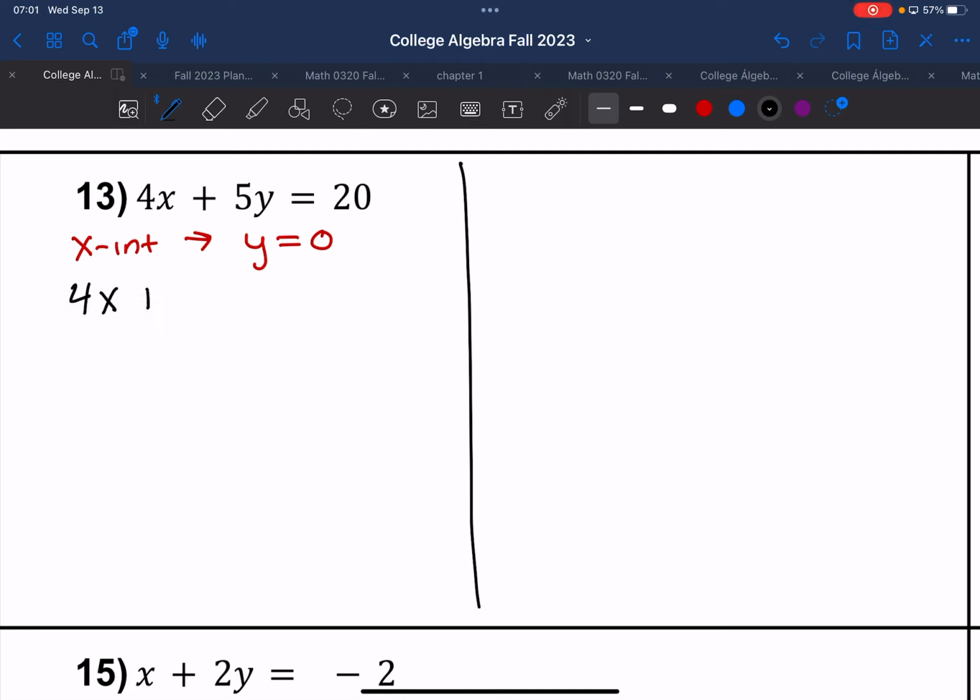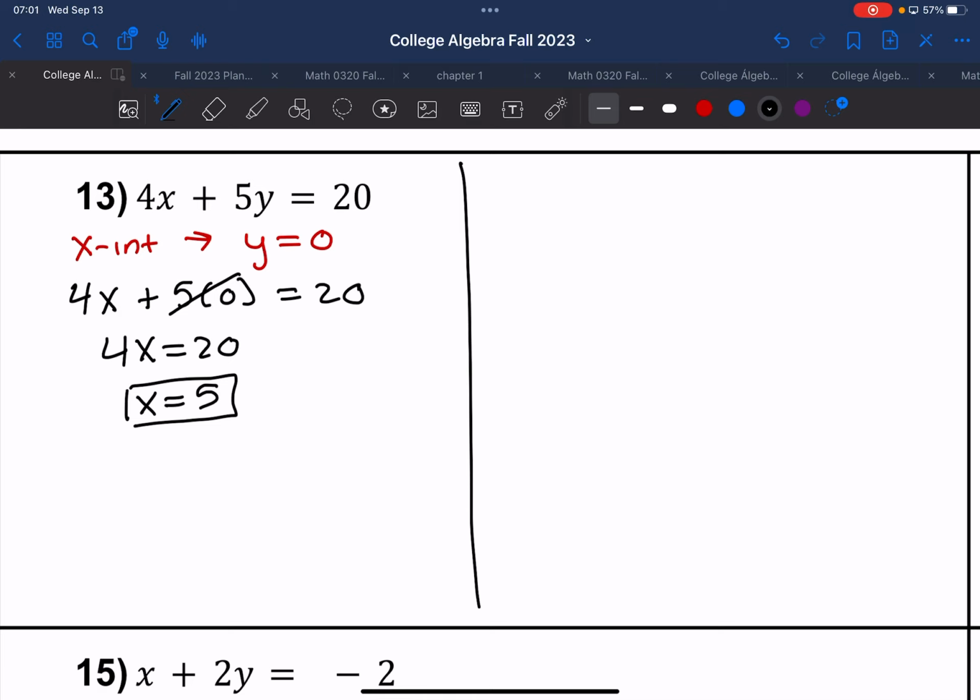So I'm going to go ahead and rewrite my problem, but plug in 0 for y. So 4x plus 5 times 0 is equal to 20. Okay. When I plug in that 0, that goes away, and we just have 4x is equal to 20. When I get x by itself, I'm left with what number? X equals 5. This x equals 5 is giving us one part of our answer.